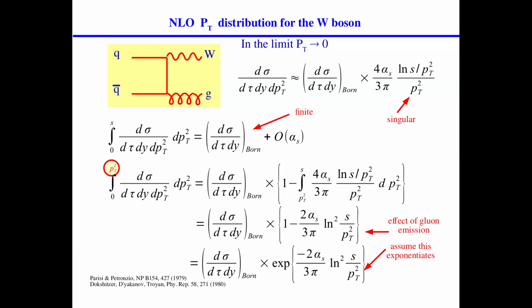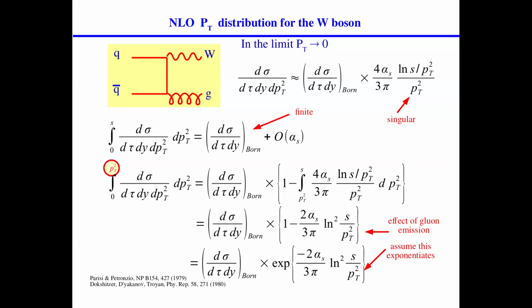And now what I'm going to do is split up this integral. I'm going to chop this in half. I'm going to integrate from 0 to PT, and then separately from PT to S. And I've just moved this over to the other side and written this as 1 minus this quantity. Okay, so that's just mathematical manipulation. And when I integrate this, I've got a log here.